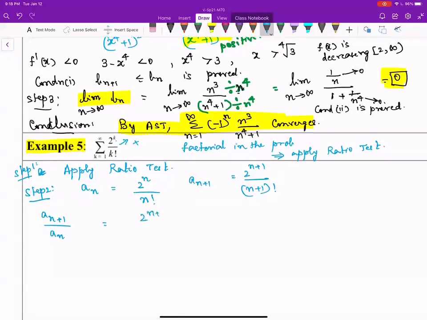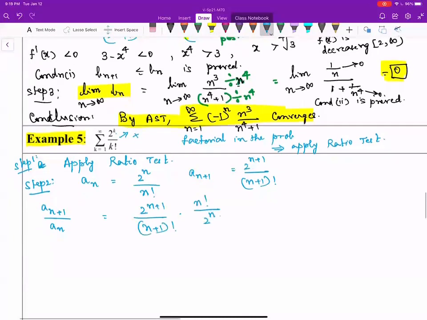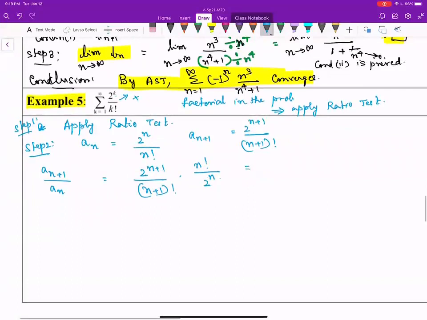So it is 2 to the power n plus 1 over n plus 1 factorial divided by a sub n. So take the reciprocal and multiply n factorial over 2 to the power n. So we get 2 to the power n plus 1 over 2 to the power n, and we reduce n factorial over n plus 1 factorial. 2 to the power n plus 1 on top over 2 to the power n will give us 2 in the numerator.